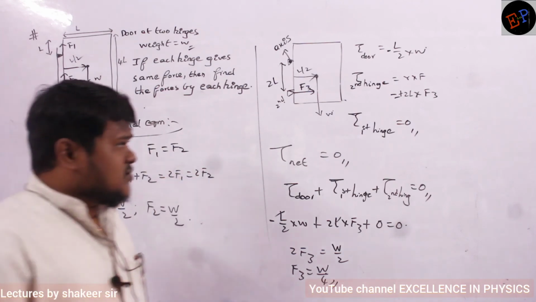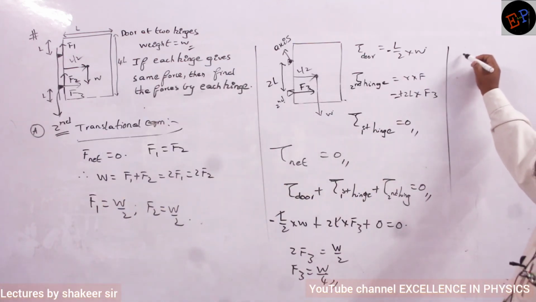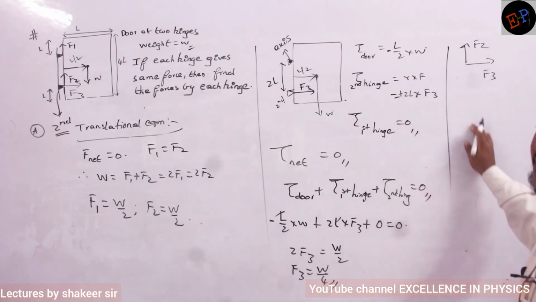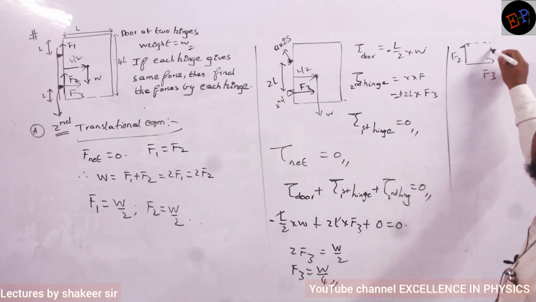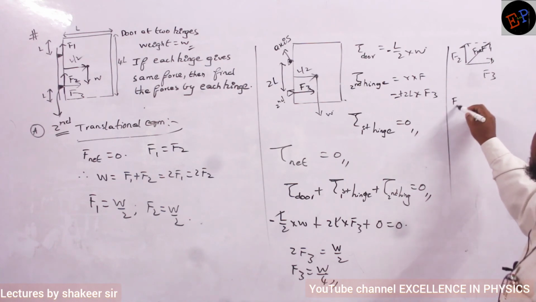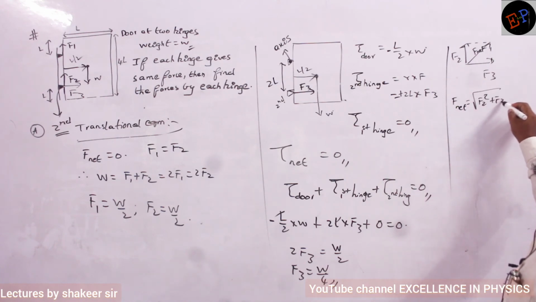So what is the total force given by each hinge, ma? One force F2 is in upward direction, one force F3 is in perpendicular direction. So what is the net force then? Net force, I have to take the parallelogram rule of addition. So F net is equal to square root of F2 square plus F3 square.